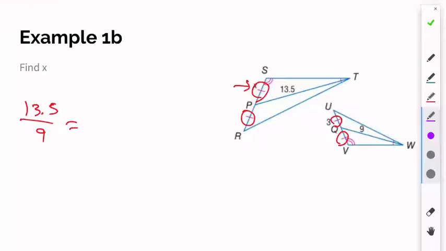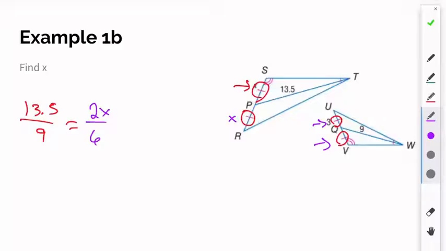Okay, so since x is only half of this, we know that this whole side length, SR, has to be 2x. Okay, x there, this has to be the exact same since they're congruent. So we know that that's going to have to be 2x, and then we know on our other one, if half of the distance is 3, the full distance of UV is going to be 6.